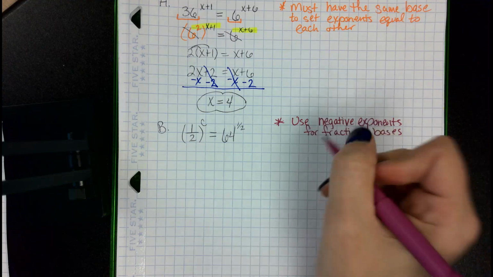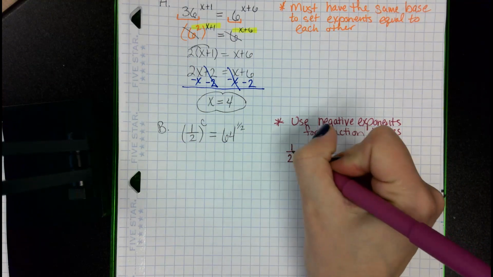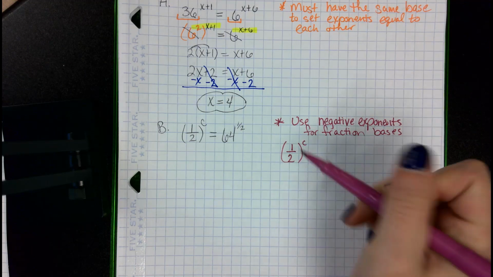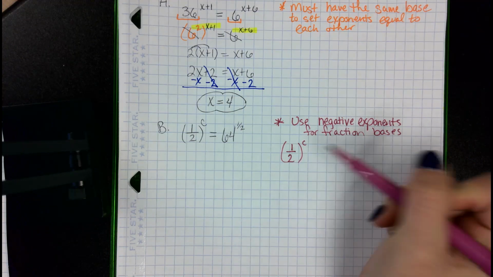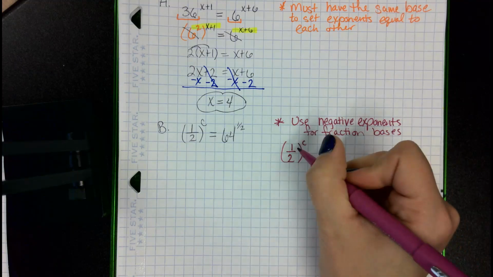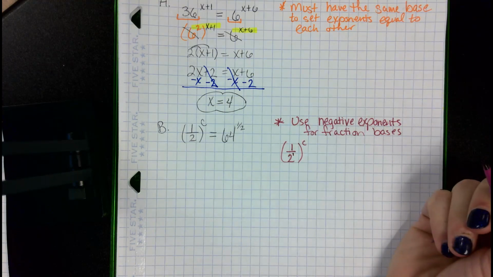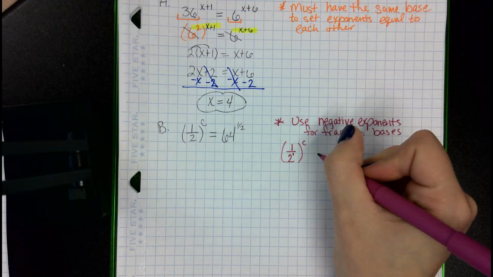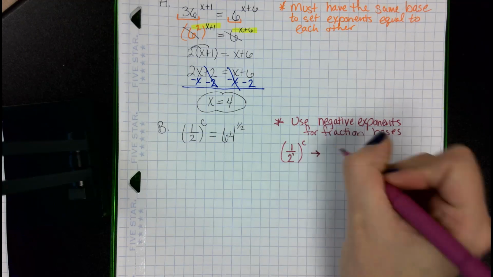So if I have 1/2 to the c, that 2 is to the power of 1, right? If there's not an exponent there, it's because it's to the first power. It's 2 to the first power. Well, if I want to move that 2 to the numerator, that means it's 2 to the negative 1 power.